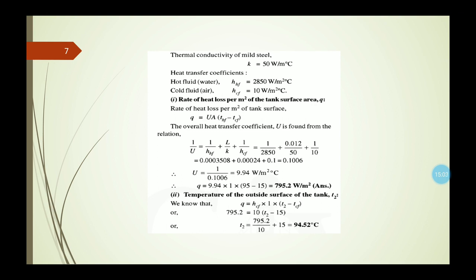Now for the first case, we need to find the rate of heat loss per meter square of the tank surface area. For that, we need to use the concept of overall heat transfer coefficient.